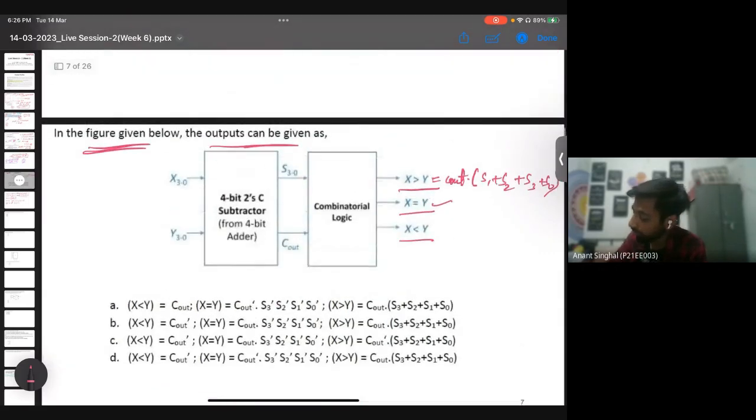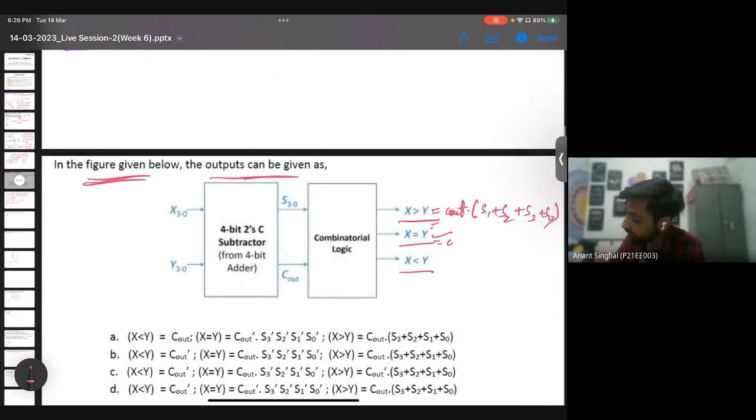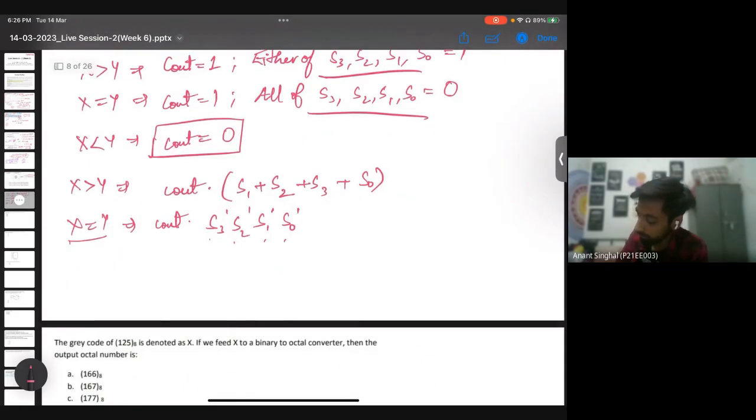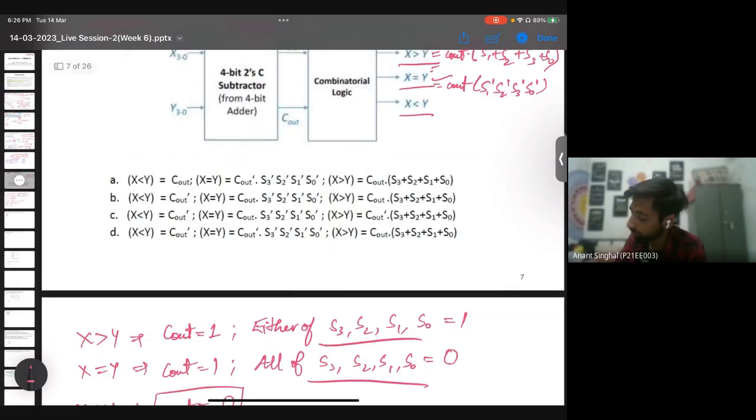So for x equals y, we write Cout S1 bar, S2 bar, S3 bar, and S0 bar. Same is the case with x less than y. X less than y implies just Cout should be 0, so it is nothing but Cout bar.